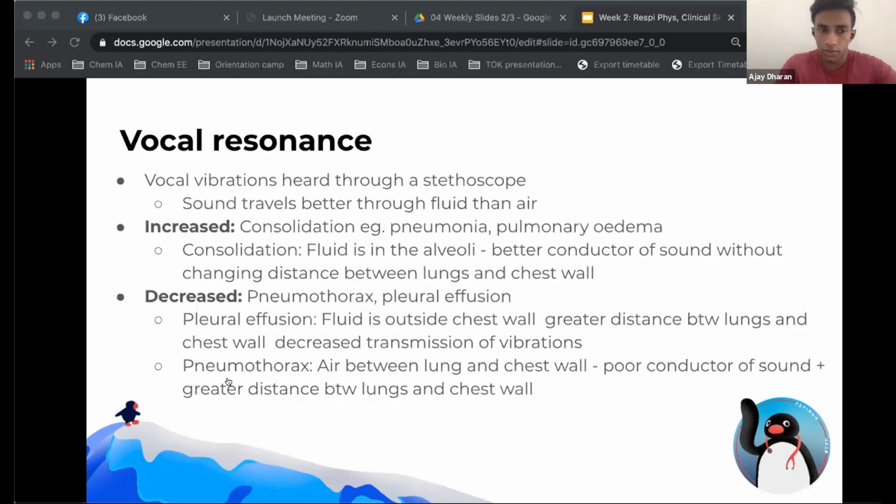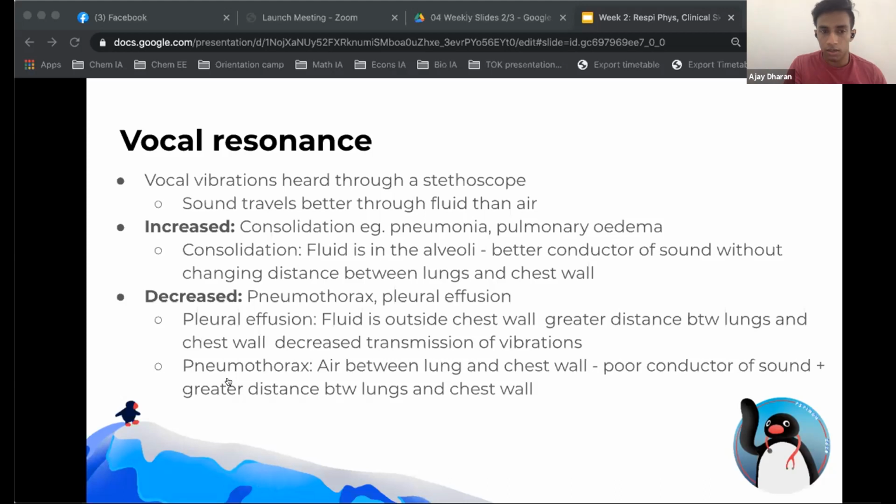And when there's decreased vocal resonance, it's the opposite. Basically, in pleural effusion, which we covered last week, there's fluid buildup outside of your lungs, in your pleural cavity. So there's a greater distance between your lungs and your chest wall, and there's decreased transmission or vibration. Similarly, pneumothorax is when there's air buildup between your lungs and your chest wall.